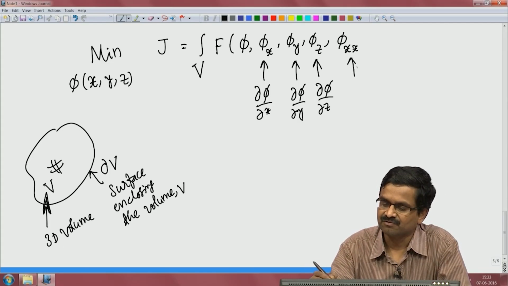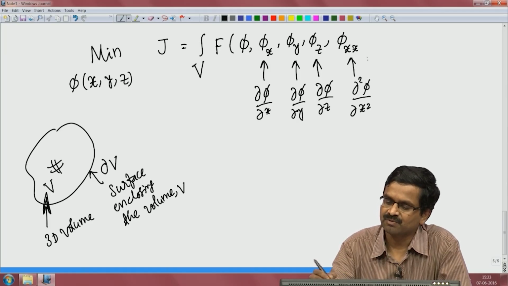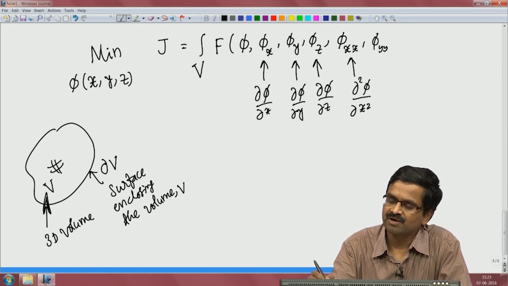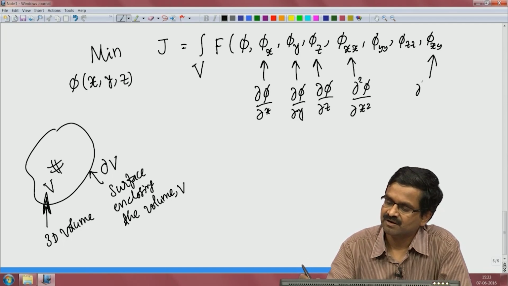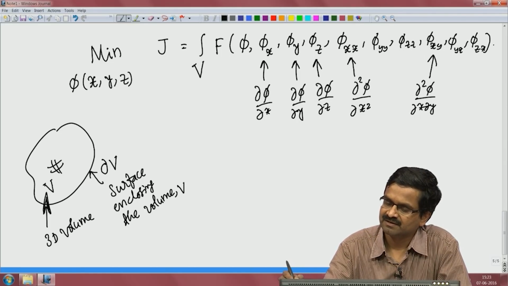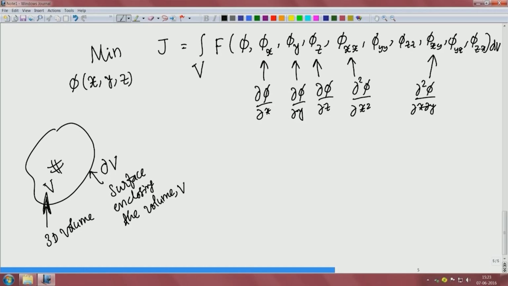By that what we mean is ∂²φ/∂x², and then I can have yy, I can have zz, I can have xy, that will be ∂²φ/∂x∂y, and then I can have yz, I can have zx, and then over the volume.